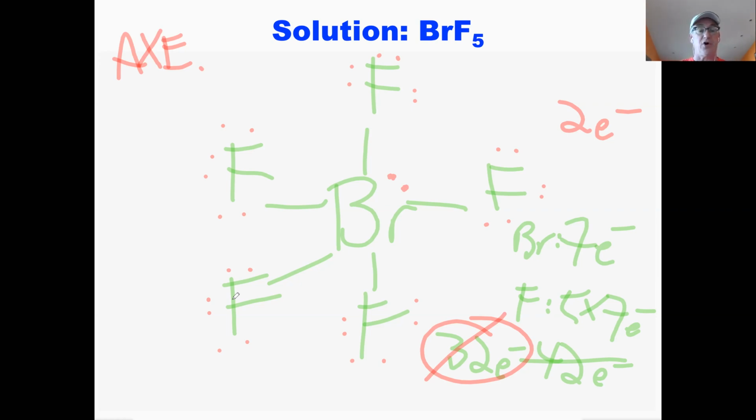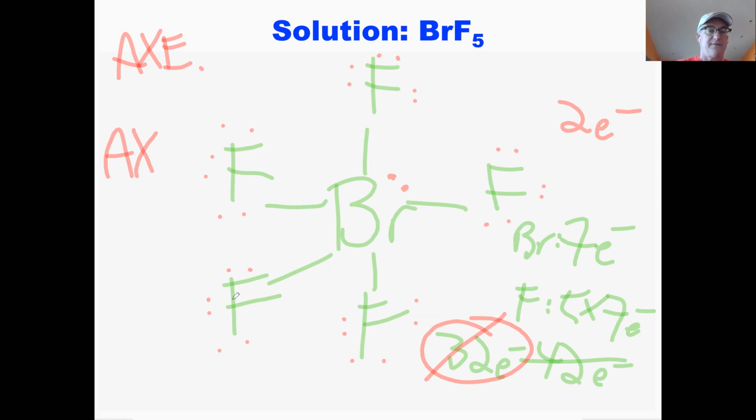Bromine is also pretty electronegative, but not nearly as electronegative as fluorine. So bromine's in the middle. That's our A. How many atoms surround the bromine? Five, the five fluorines.